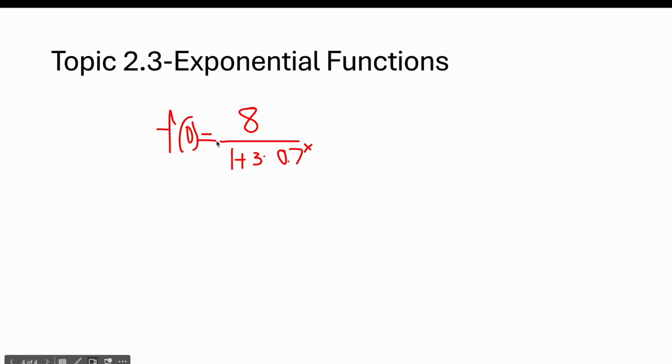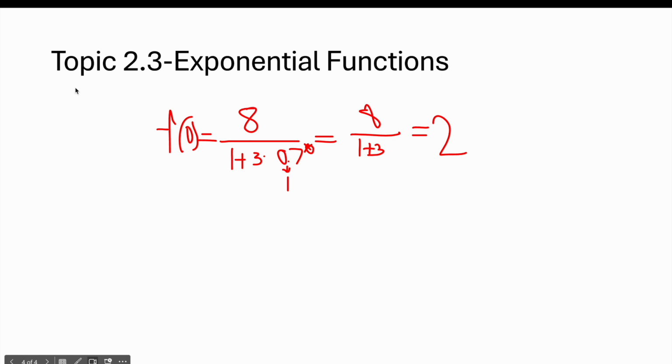If we replace our x with 0, we get 8 over 1 plus 3, because anything to the power of 0 becomes 1. So it's 1 plus 3, and our y value is 2.